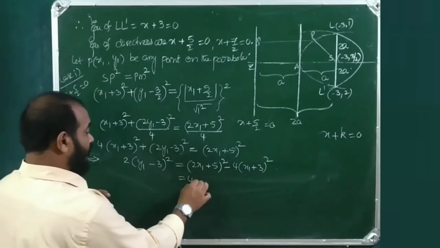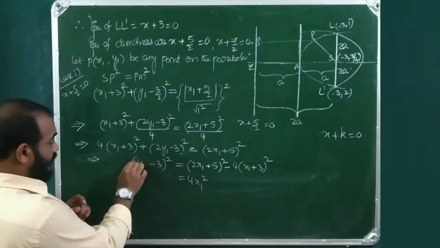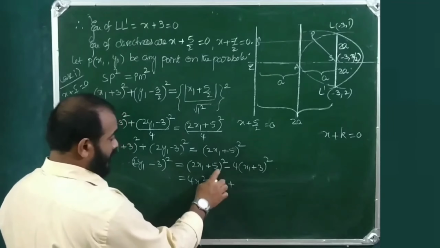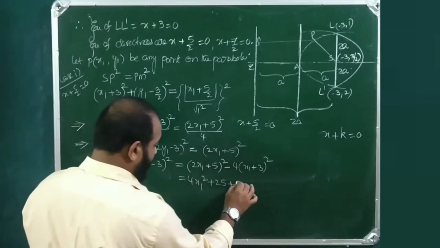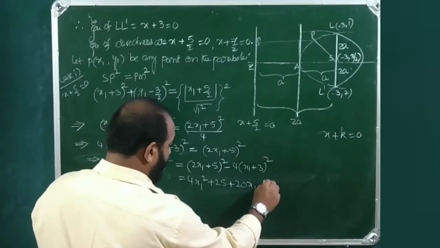This is 4x1 square plus 20x1 plus 25, minus 4 into (x1 square plus 6x1 plus 9).